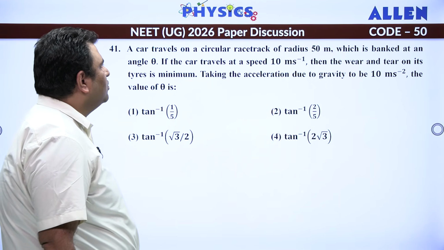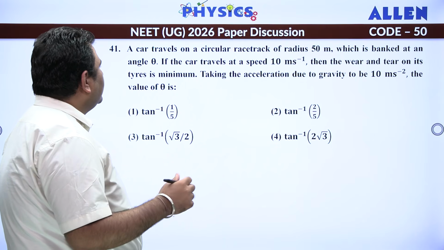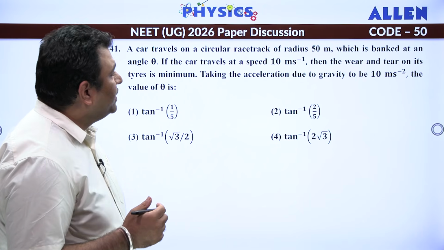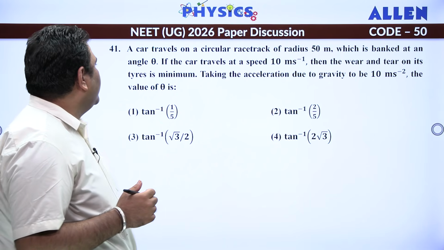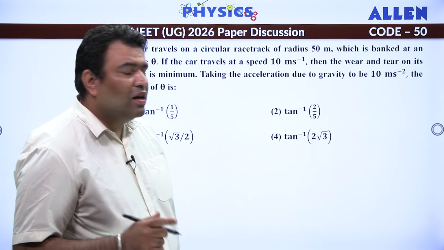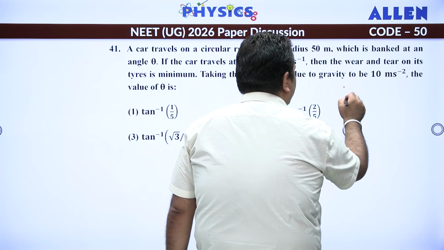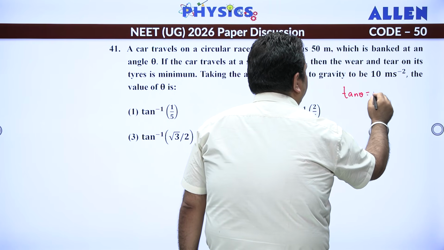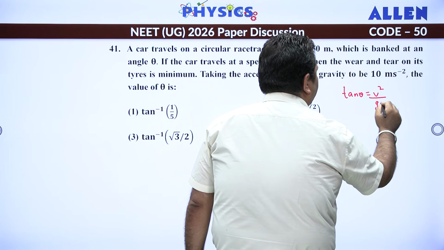A car travels on a circular racetrack which is banked at an angle theta. If the car travels at a speed of 10 meter per second, the wear and tear of the tires is minimum. For minimum wear and tear of the tires, that means tan theta can be written as what? V square by g r, because the minimum friction is acting in this question.